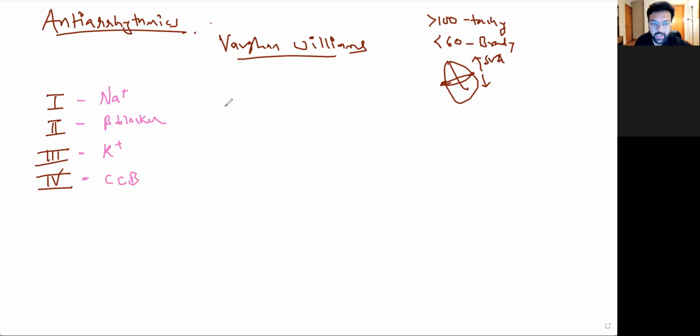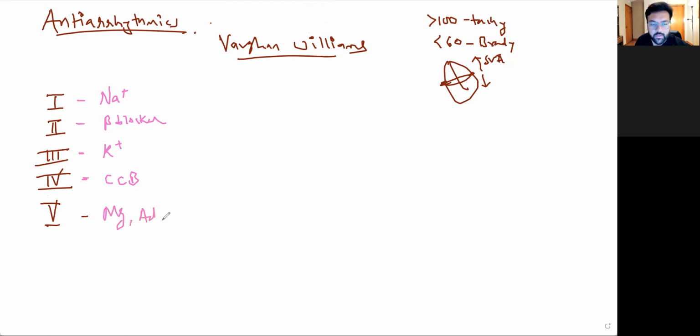Just as a bonus, there are new additional classes as well. I'm just going to talk about the fifth class now, which contains magnesium and adenosine, but you can afford to forget that.